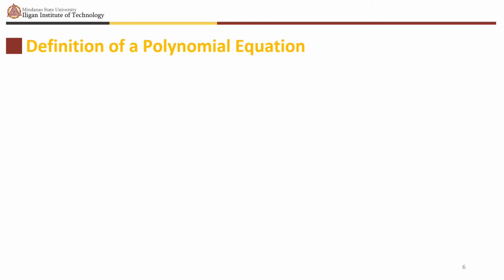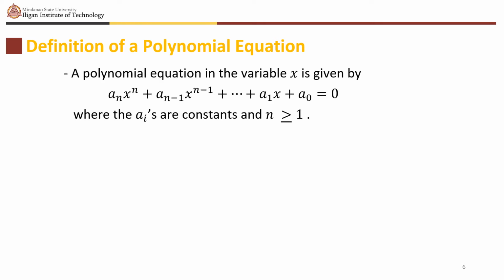A polynomial equation in the variable x is given by a sub n x to the n plus a sub n minus 1 times x to the n minus 1 plus and so on, plus a sub 1 x plus a sub 0 is equal to 0, where the a sub i's are constants and n is greater than or equal to 1.